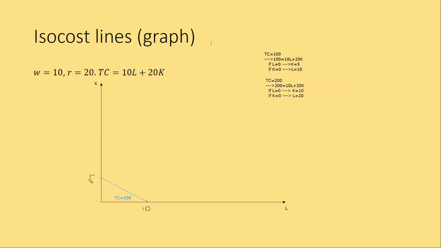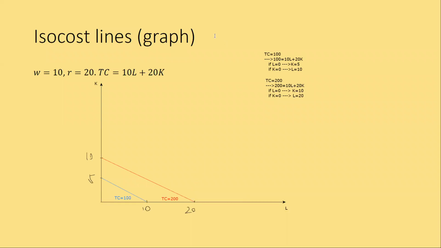So for this second iso-cost curve, let's say this is L equals 20, and this point is K equals 10. Then the second iso-cost line is a straight line connecting these two points. So this is TC equals 200.